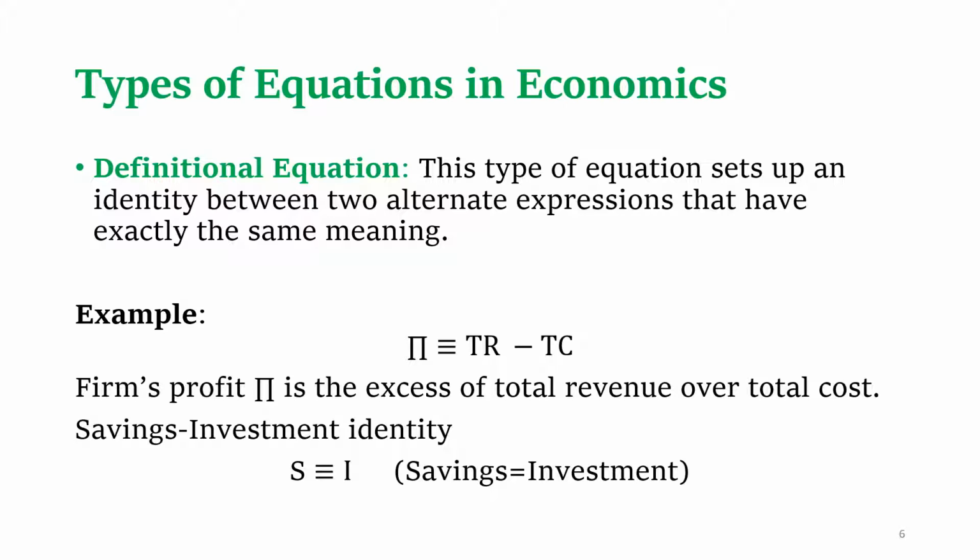So profit equals TR minus TC, which is an identity. If you also look at the savings-investment equation, you have savings equals investment. It is also a definitional equation, because this particular equation is set up as an identity.